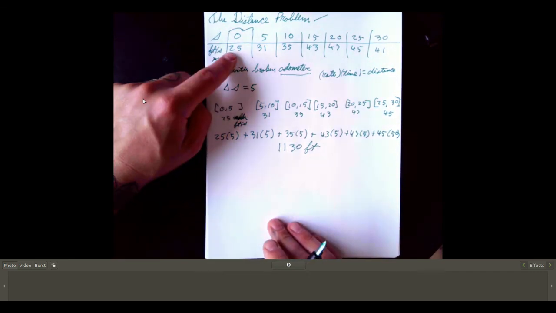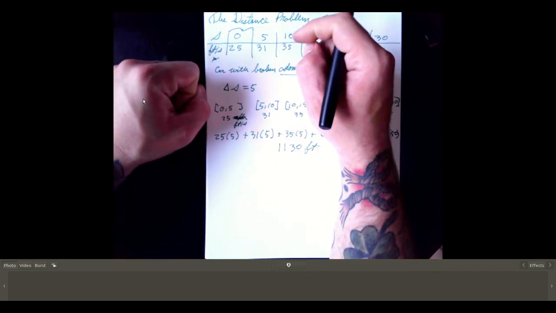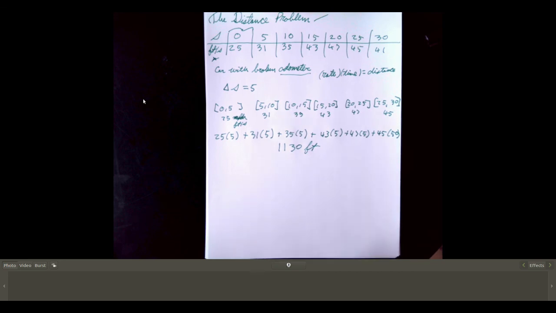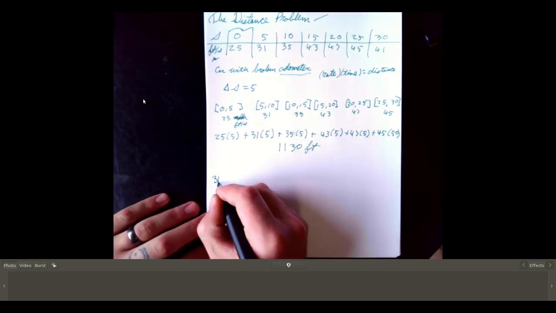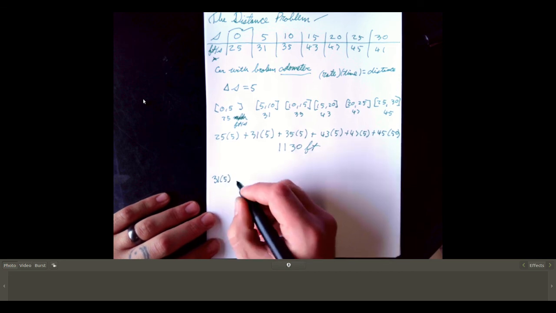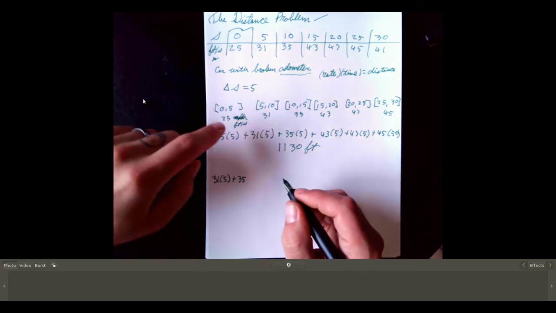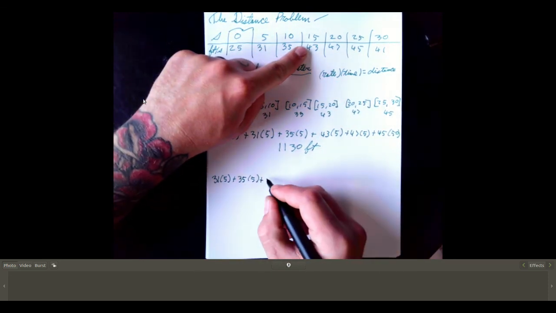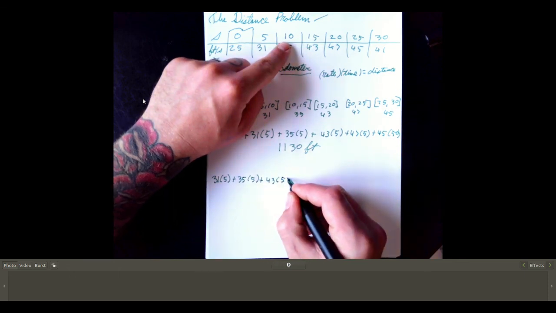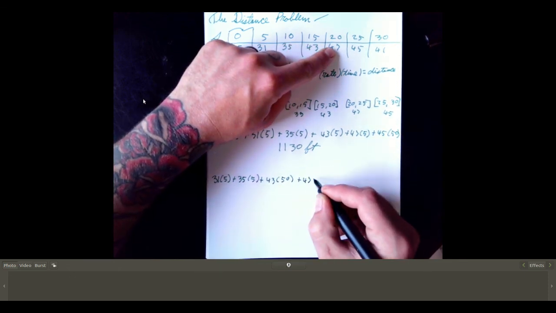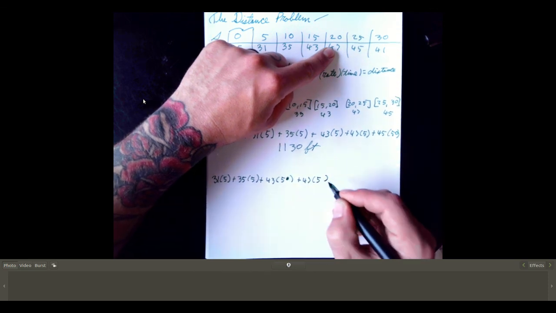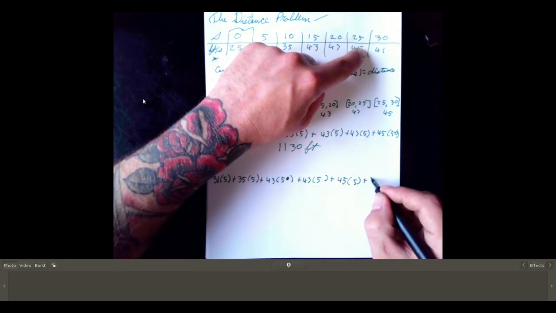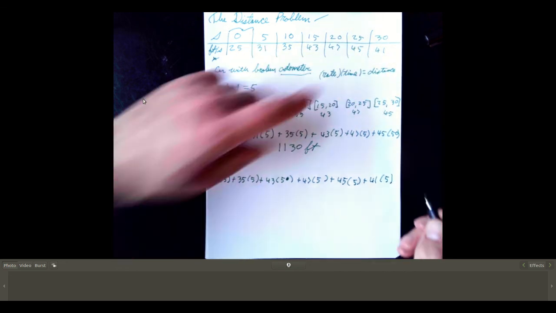Well, instead of saying we drove that fast over that time interval, the other equally valid estimation would be that we drove 31 feet per second for the first 5 seconds, and then we drove 35 feet per second for the next 5 seconds, and then 43 feet per second for the next 5 seconds, and then 47 feet per second for the next 5 seconds, and then 45 feet per second for the next 5 seconds, and then finally 41 feet per second for the final 5 seconds.